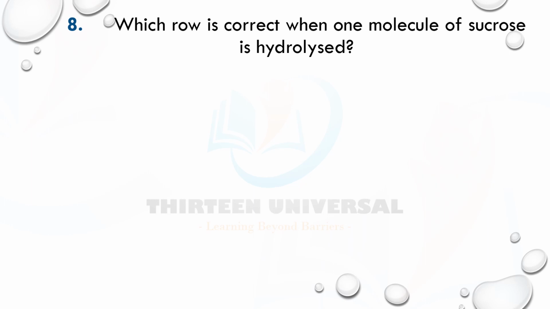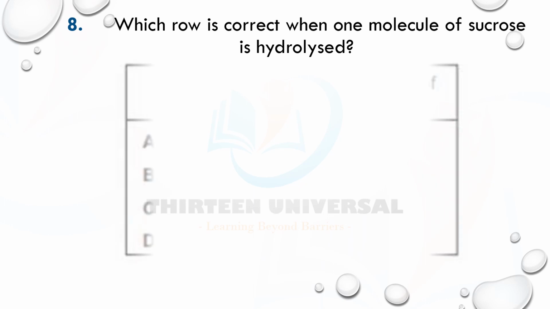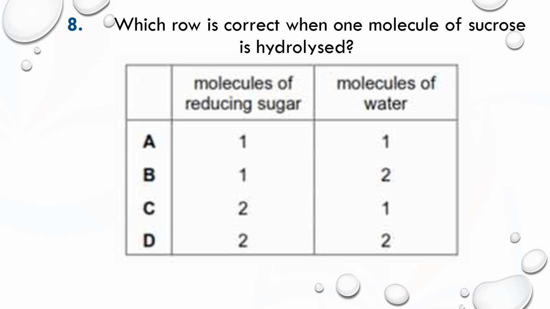Which row is correct when one molecule of sucrose is hydrolyzed? Okay, look at it. Sucrose is a disaccharide, hope you know that. Sucrose, I'll represent with S, is a disaccharide. So if you mix sucrose with water, that's hydrolysis, right?